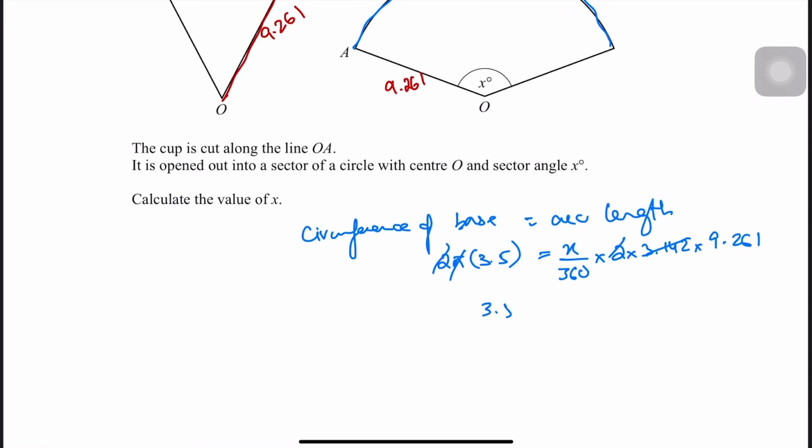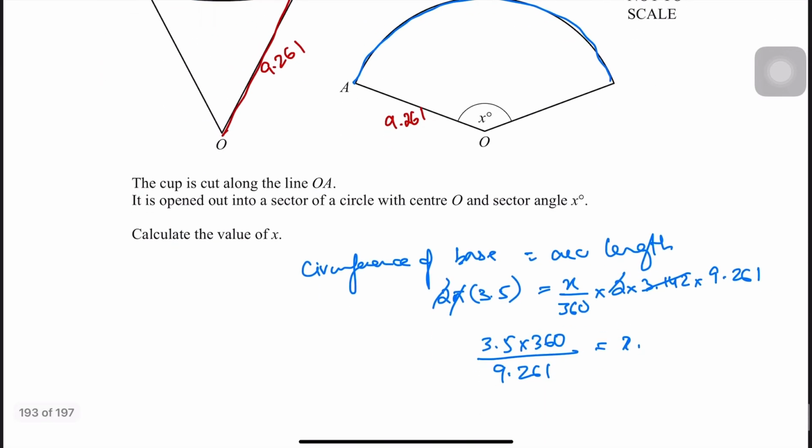So I get 3.5 into 360 divided by 9.261. It's 136.1.